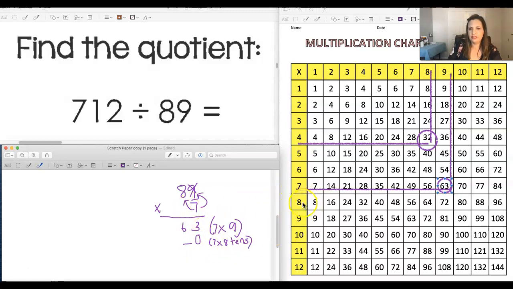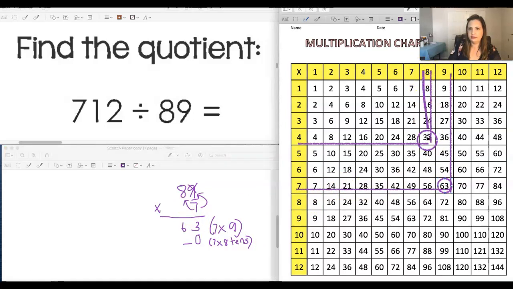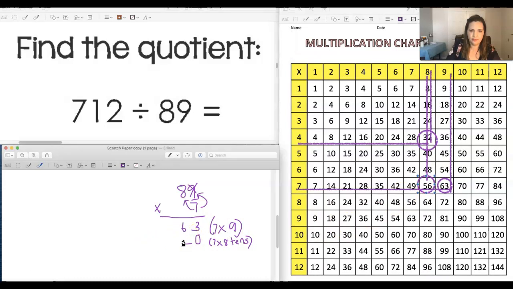So if you don't know 7 times 8, you can come over here and follow my 7, and then where it meets the 8, where they meet together, that's my answer, 56. So I'm going to go ahead and write that into my problem, 56.